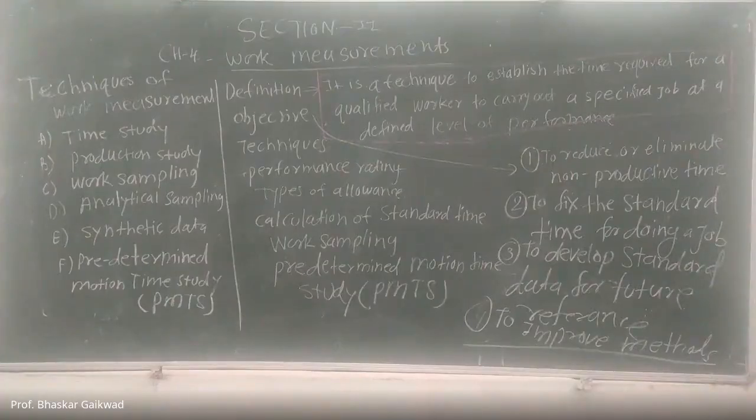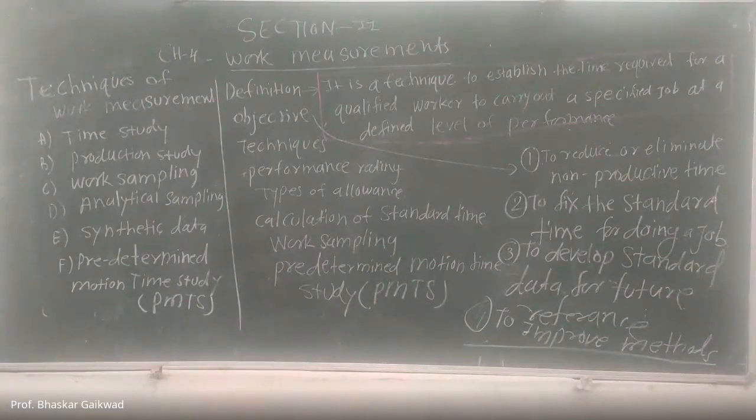Okay, thank you. So, now we are in the second section of industrial engineering. In this first chapter, related to work measurement, the importance in every industry is that there is a need to check the time actually required to manufacture jobs. This is called work measurement.